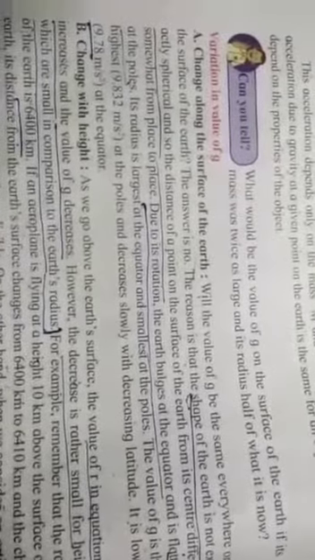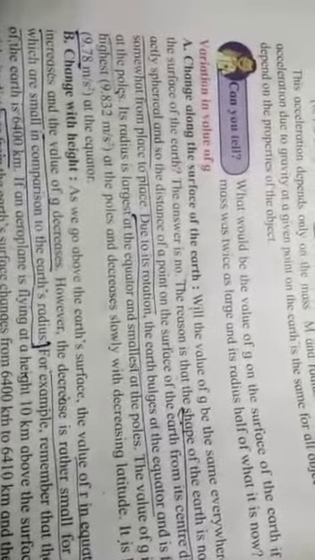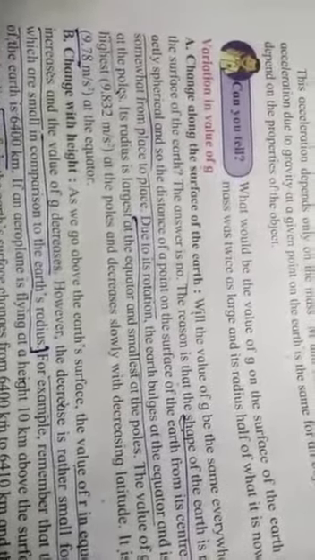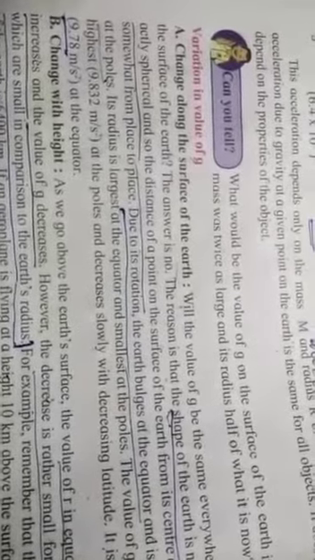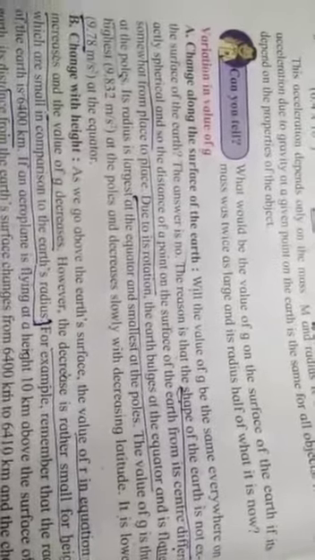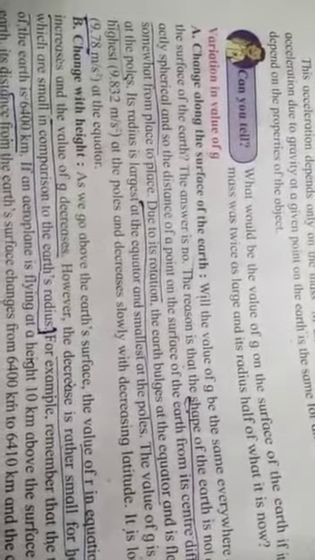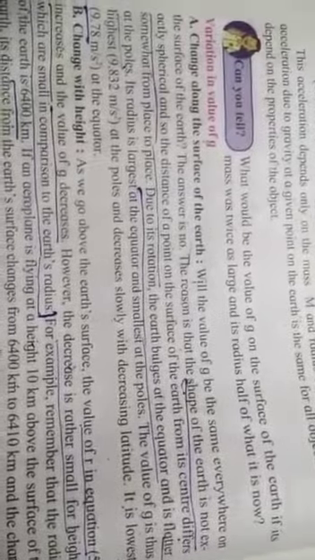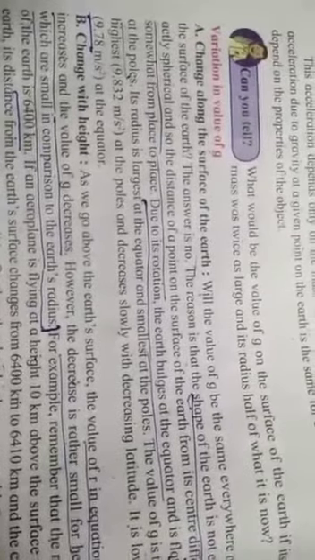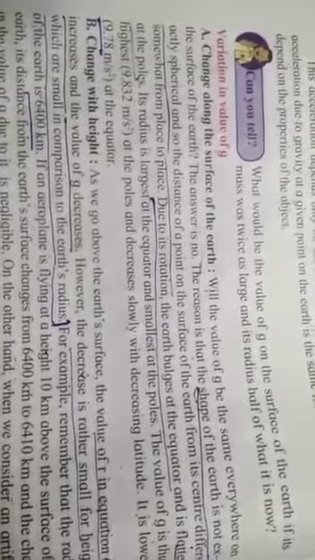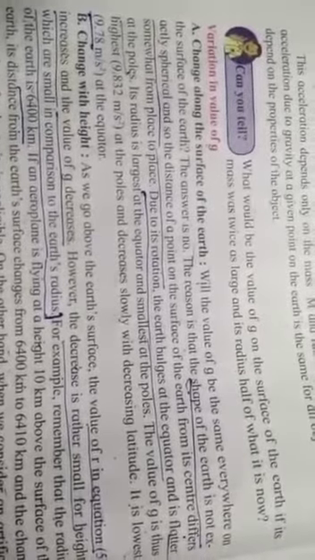Yes, children. So how can we understand the variation in the value of g? Now the first point is change along the surface of the Earth. Will the value of g be the same everywhere on the surface of the Earth? The answer is no. The reason is that the shape of the Earth is not exactly spherical, and so the distance of a point on the surface of the Earth from its center differs somewhat from place to place.